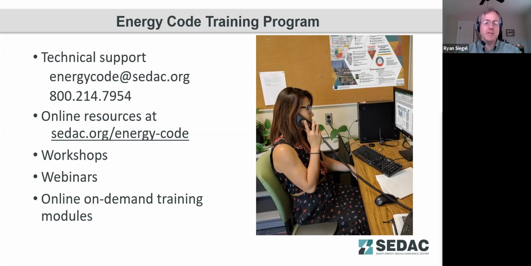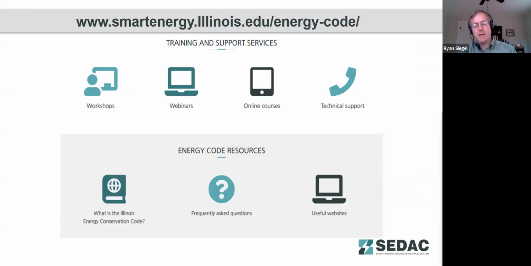So it doesn't take substantial code knowledge to be successful and find these trainings beneficial. Again, we have our workshops and webinars along with our technical support, along with several other resources, some of our frequently asked questions, along with some websites.